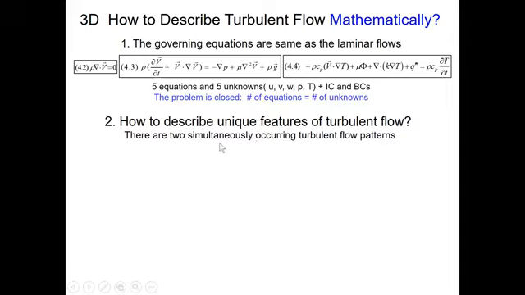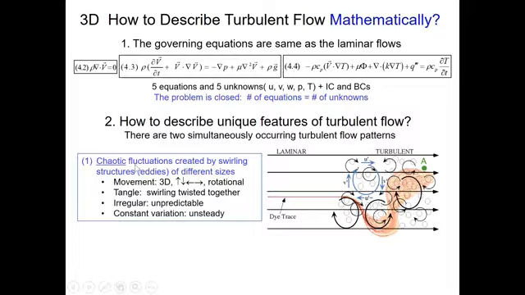Then you keep asking, if we use the same governing equations to describe turbulent flow and laminar flow, how do we describe the unique features of turbulent flow? Before we answer that question, let's check two simultaneously occurring turbulent flow patterns.